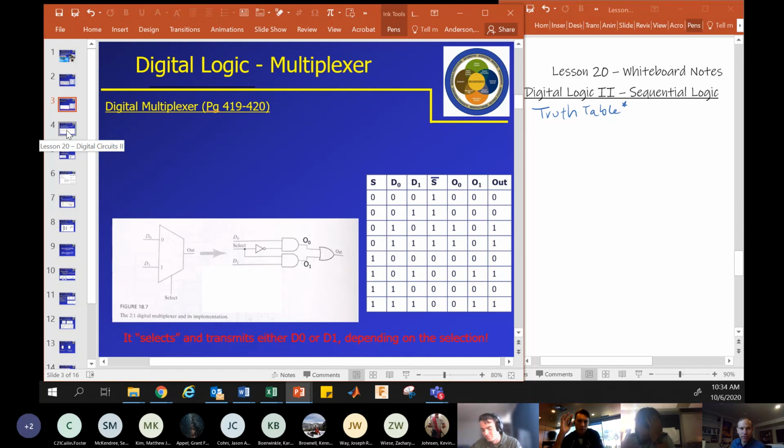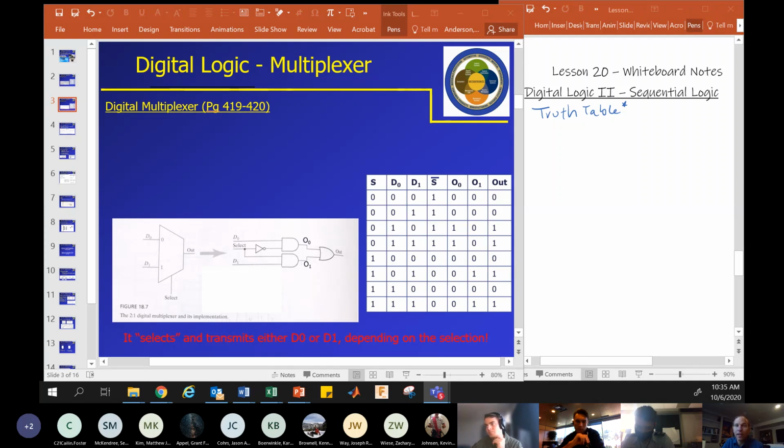That's how logic gets used. Yes, question? Would that be kind of similar to if you have 2 light switches in a room where they both can turn the lights on and off? No, because that's like an OR gate. That's like a physical embodiment of an OR gate, but not what's going on here.